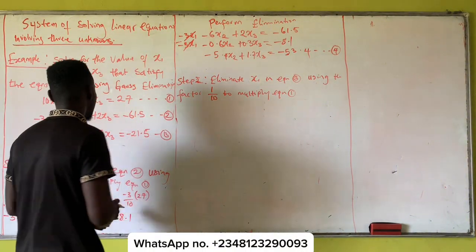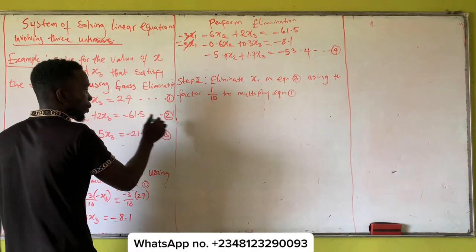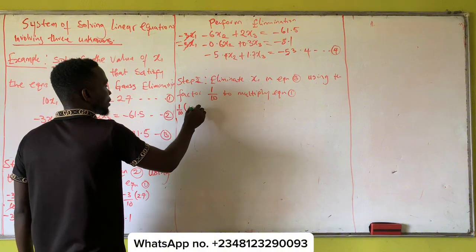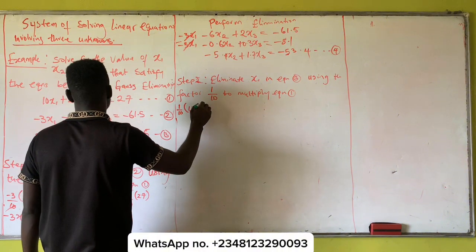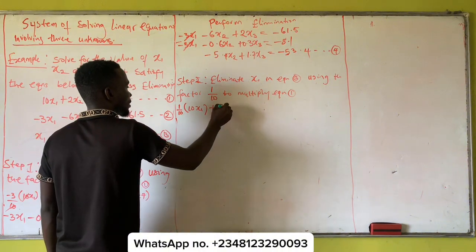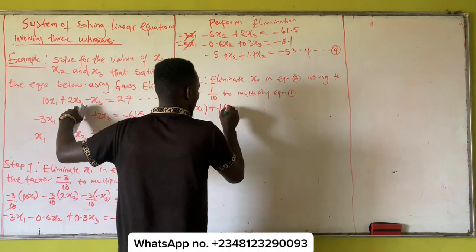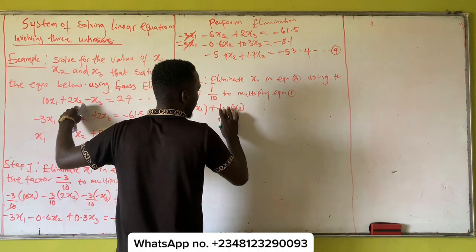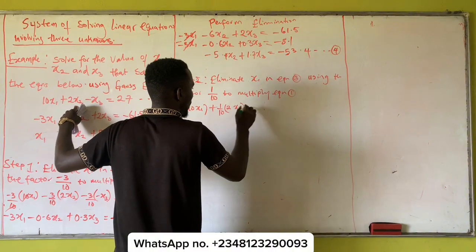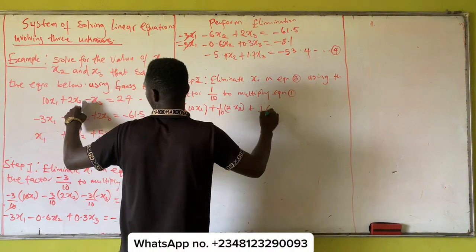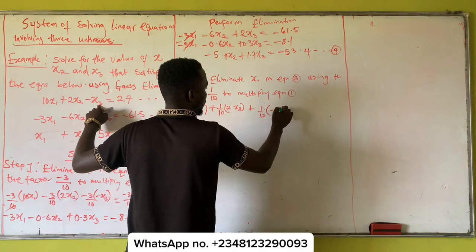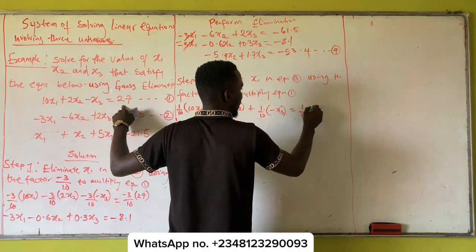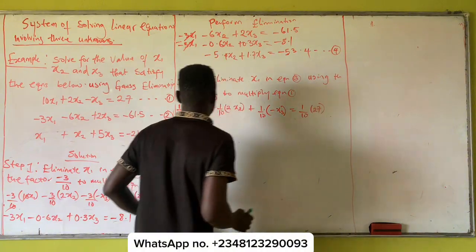So if we use 1 over 10 to multiply our equation 1, we are going to have 1 over 10 multiplied by 10x1, plus 1 over 10 multiplied by 2x2, plus 1 over 10 multiplied by minus x3, equal to 1 over 10 multiplied by 27.